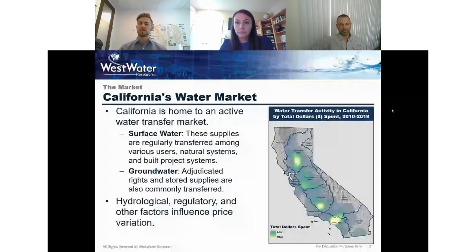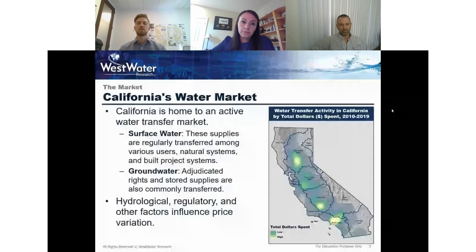But importantly, because these markets are really diverse, it allows us to have insights into how these markets are structured, to provide background for other areas that may be considering developing markets, such as here in California, as a result of SGMA, as there's been a lot of conversation around potentially how to use allocations, transfers, and trading to be one of the multifaceted parts of how we achieve sustainability up and down the state.